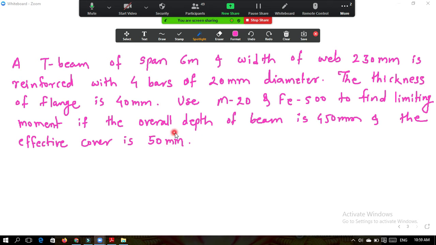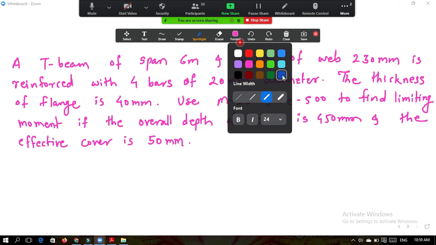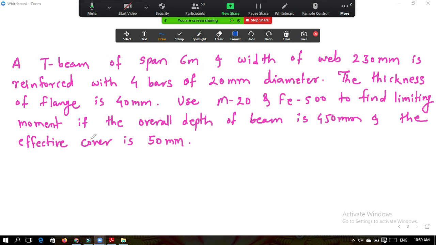We need to find out again MU. So for that, first of all, we will write down the given data. So what is given to us now? Span is given to us 6 meter, which is 6000 mm. Then BW is given to us, width of web 230 mm.